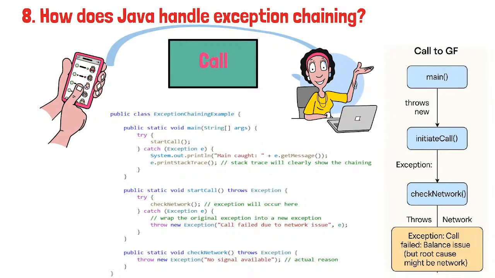Here you can clearly see through this diagram that in the main method I have called start call and initiated the call. If there is an exception, it will check through the network and other things. If there is any other problem, it will give errors like call failed or a balance issue. So in exception chaining, the exceptions are chained from one method to another method to another method.